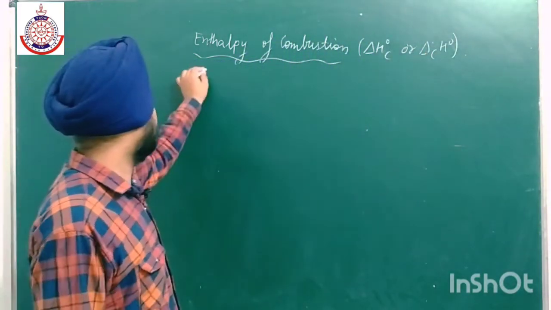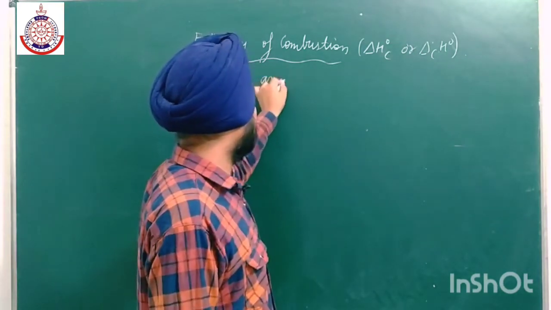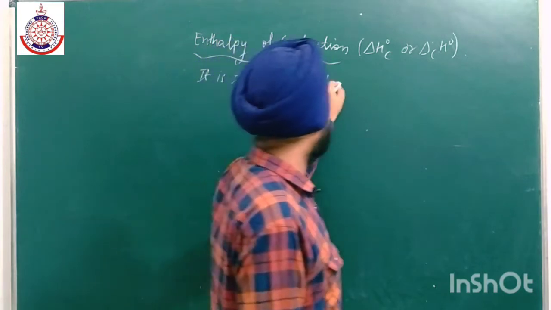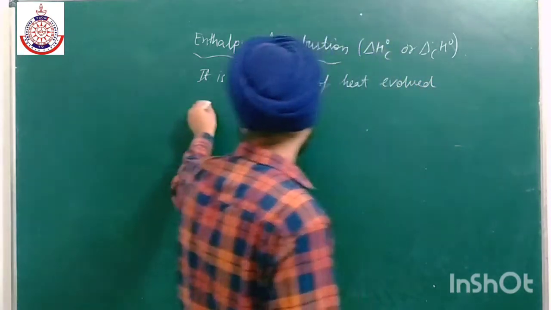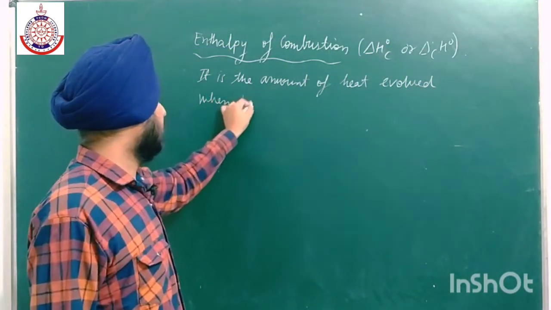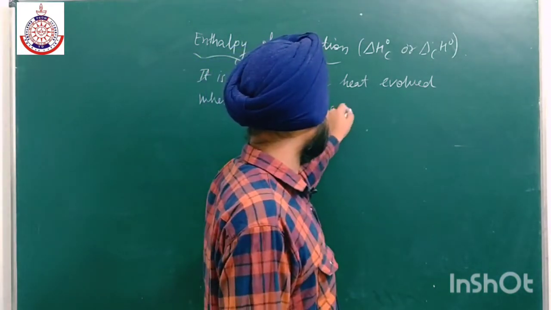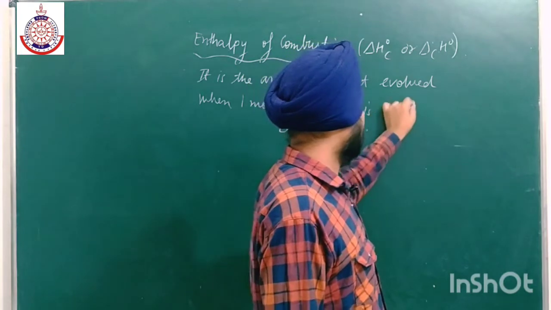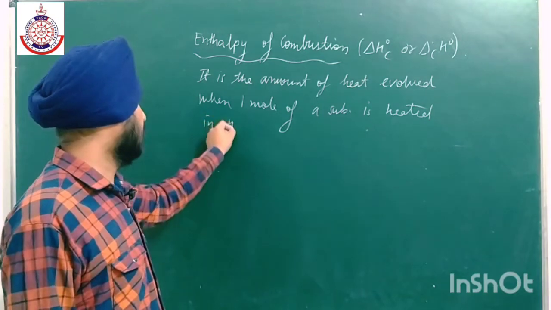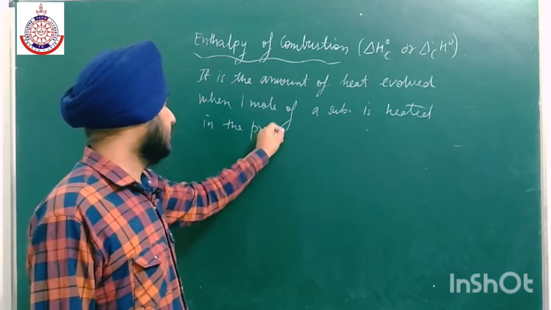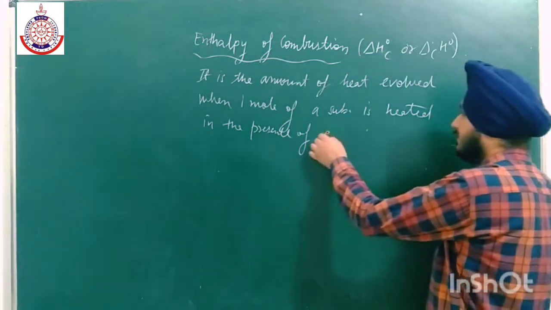It is the amount of heat evolved when 1 mole of a substance is heated in the presence of excess of oxygen.